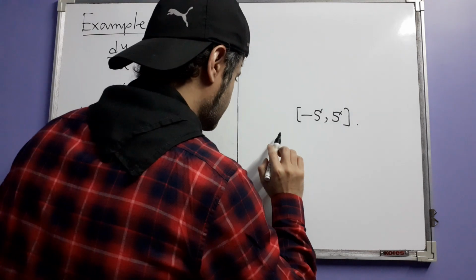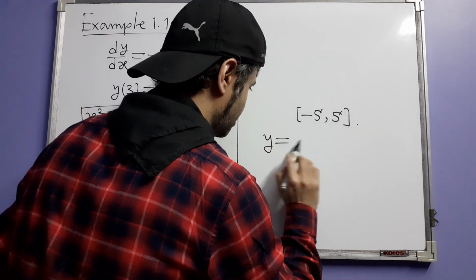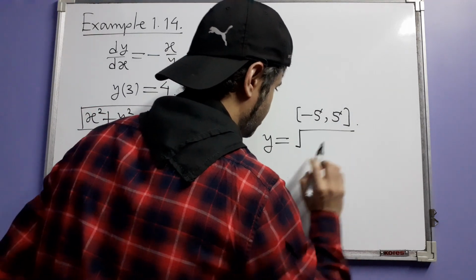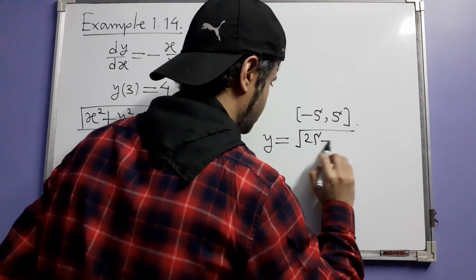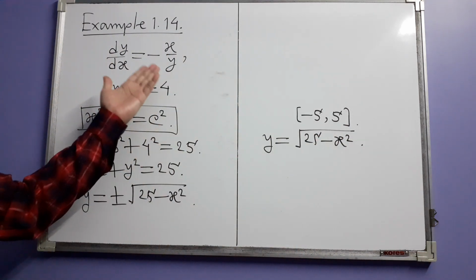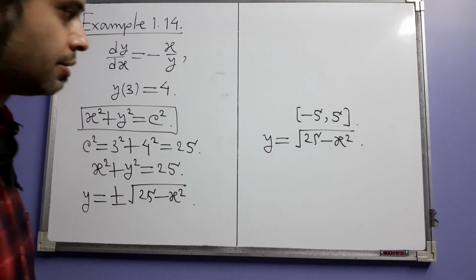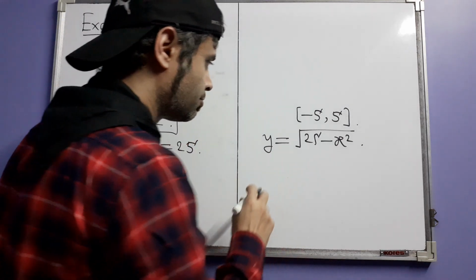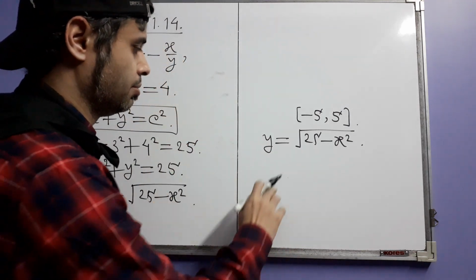Say, for the sake of being specific, I take only the positive one. Now, it has to satisfy the differential equation also, right? And for that, it should first of all be differentiable.